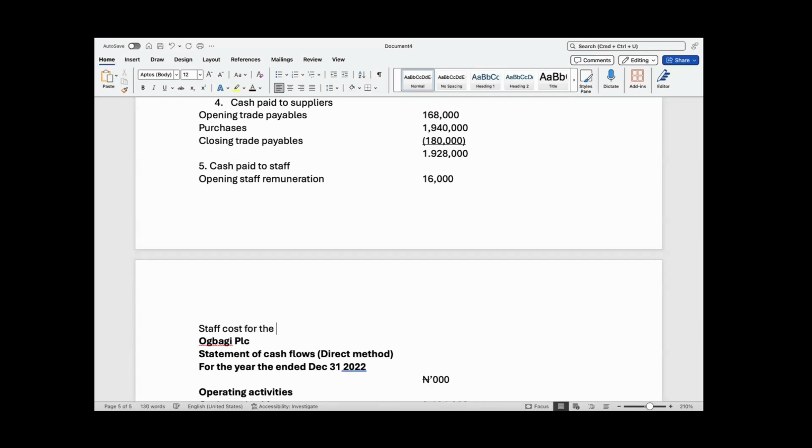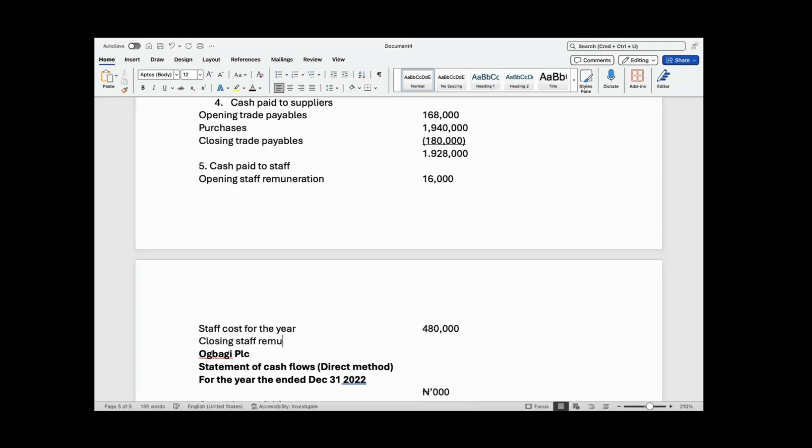Staff cost for the year. How much was this? 480,000. Closing staff remuneration. How much is this? What's the balance?